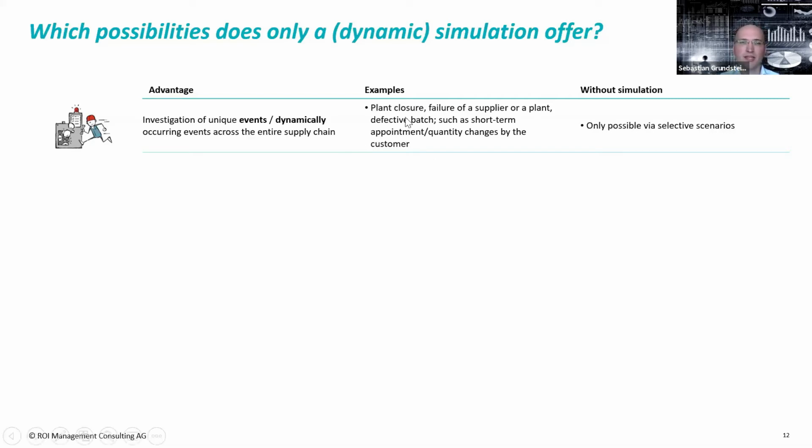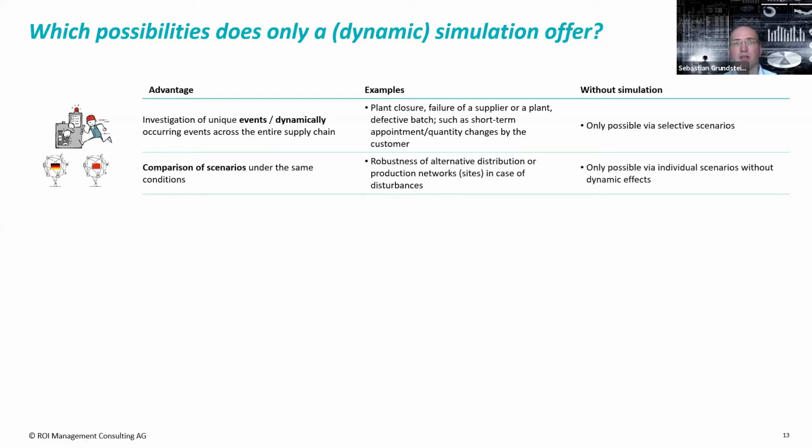These are aspects I can model, and I can examine what is the effect over time on my supply chain. This is very important, maybe these days, to examine the robustness of networks in such ramp up, ramp down scenarios. If one plant starts the production earlier than another one and not aligned with the suppliers, these effects are something you can model and examine here. Without simulation, you can calculate scenarios, but you will never see the ramp up, ramp down curve. This is what you see in a simulation.